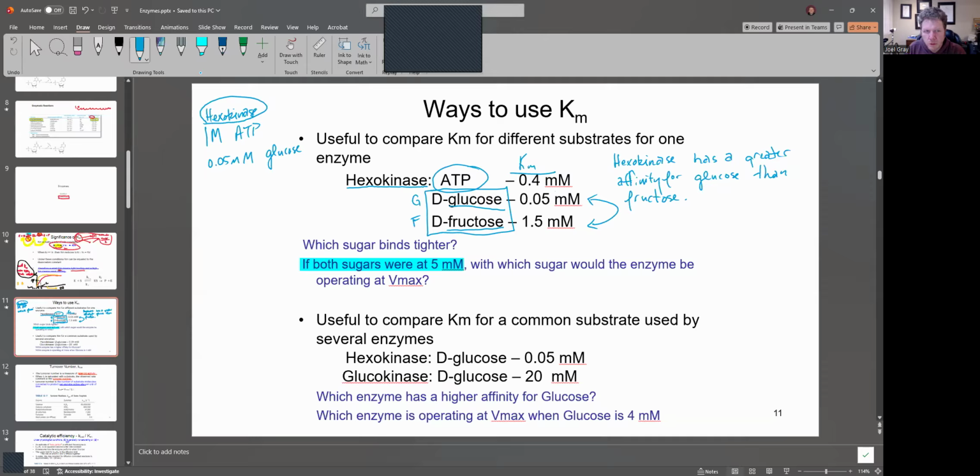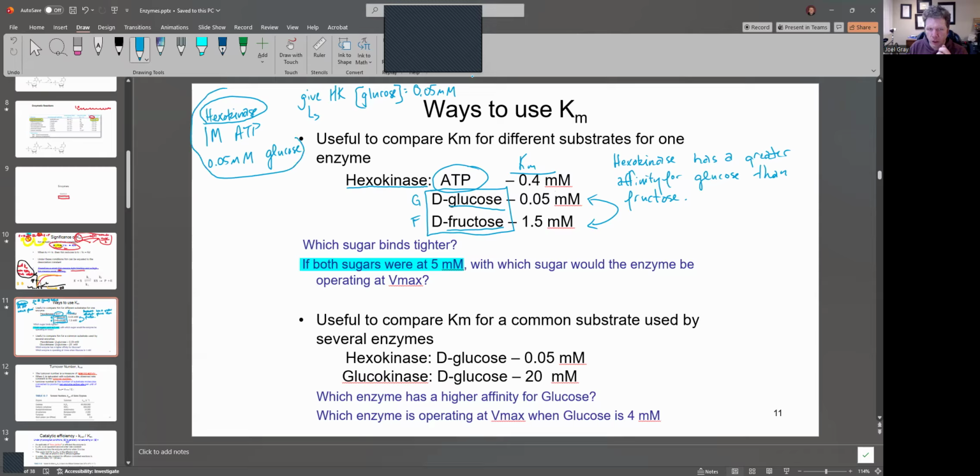If you give hexokinase, which I'm going to label as HK, glucose, a concentration of 0.05 millimolar, then what I want you to tell me is, will first Y or N, will hexokinase be catalyzing this reaction?